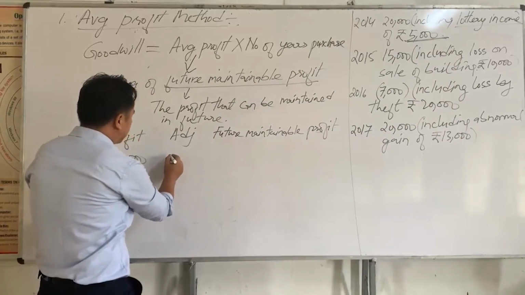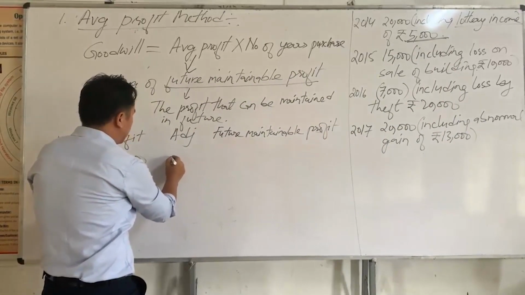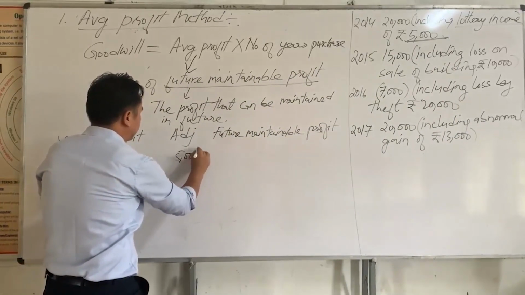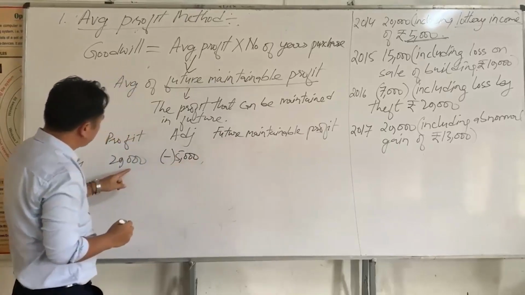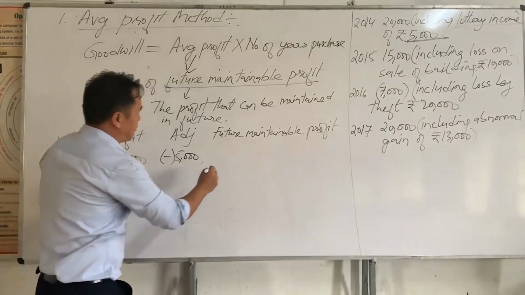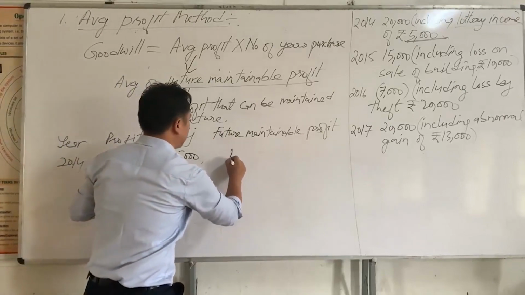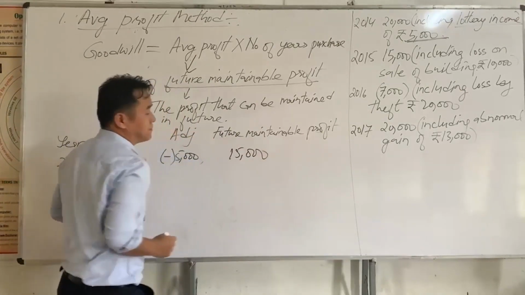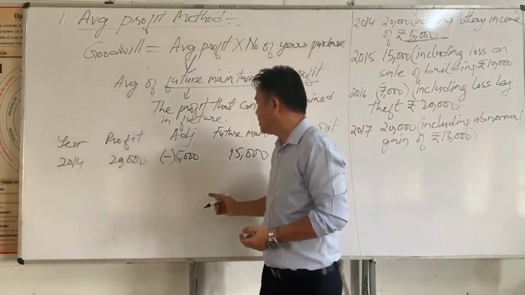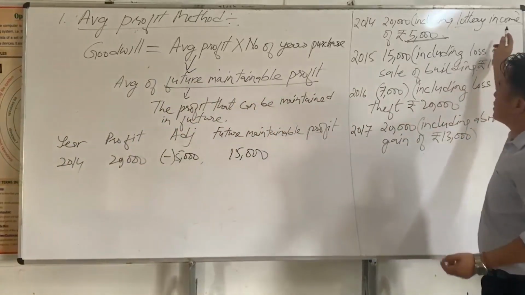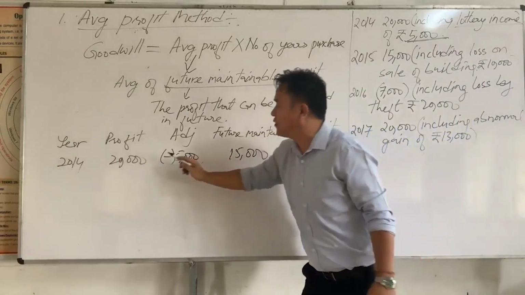If we deduct lottery income of 5,000 from the profit of that year, then the future maintainable profit will be 15,000. But now tell me why we have deducted the lottery income of rupees 5,000 from the profit of that year.